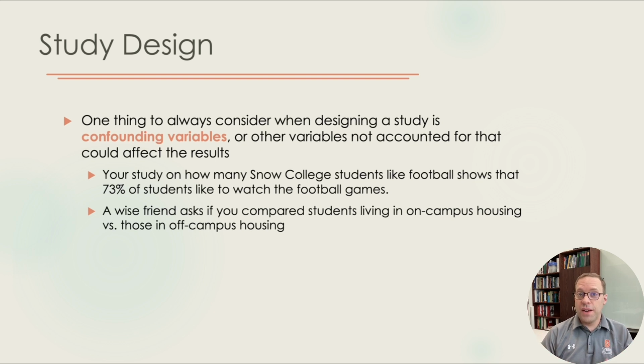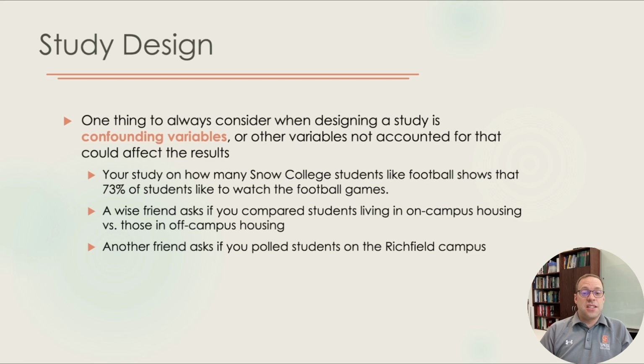Could that confounding variable have an effect on the results? Definitely could. Another friend then asks you, did you poll the students on the Richfield campus of Snow College? That could definitely affect things as well. What about online students? All of these are different confounding variables that could affect the results.